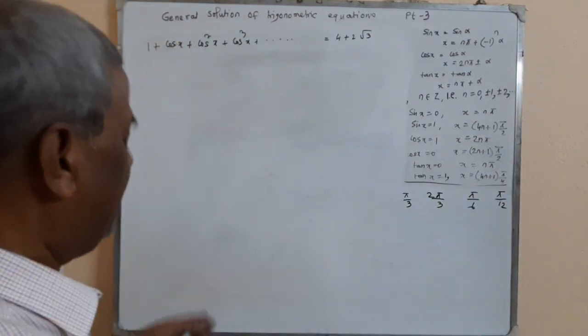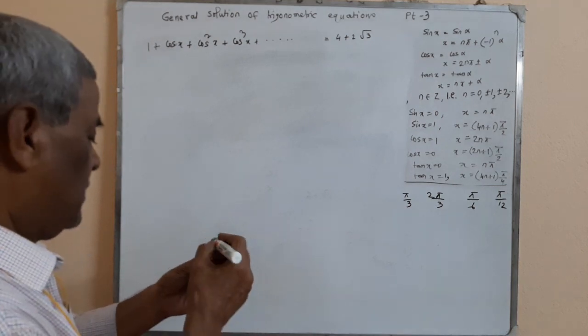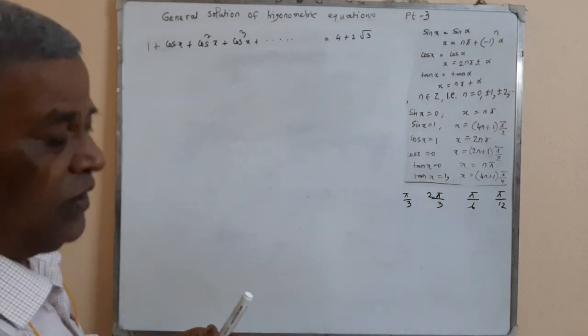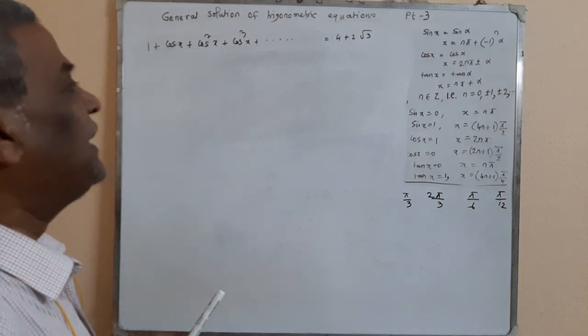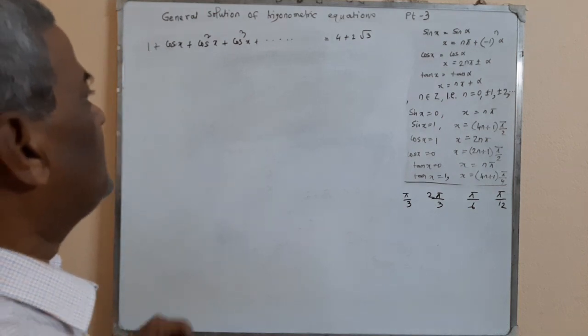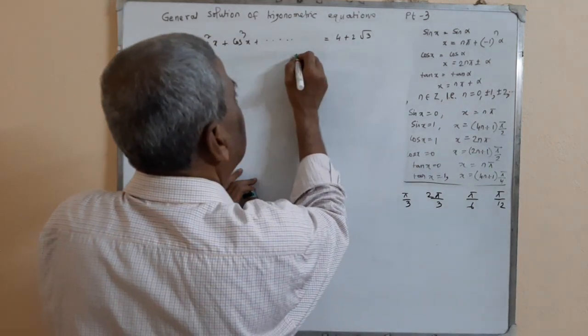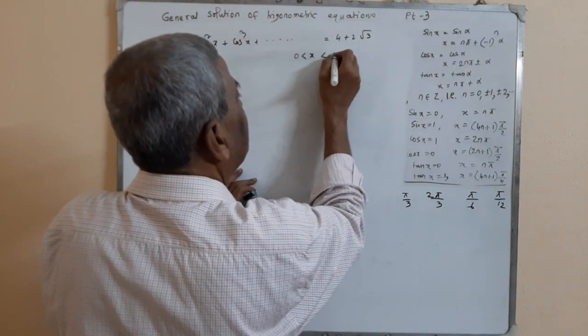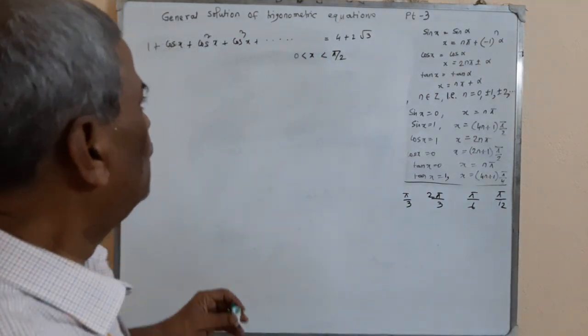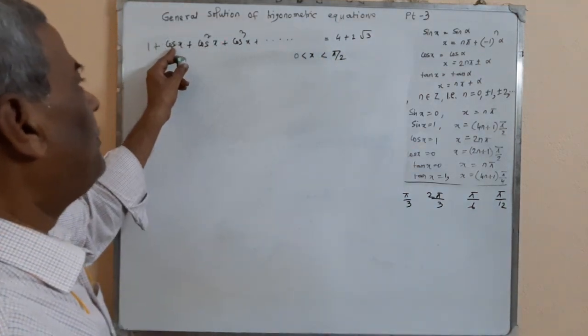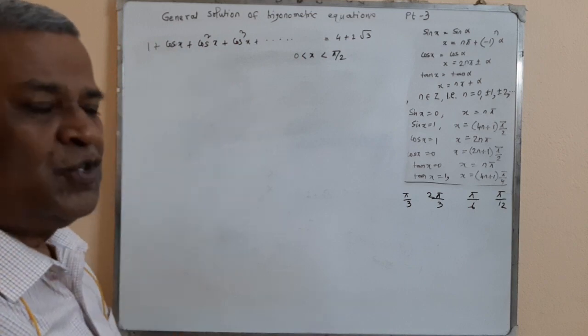So the left hand side is an infinite series in GP, and the common ratio of the GP is cos x. The range of x is given, so the value of cos x must lie between 0 and 1.